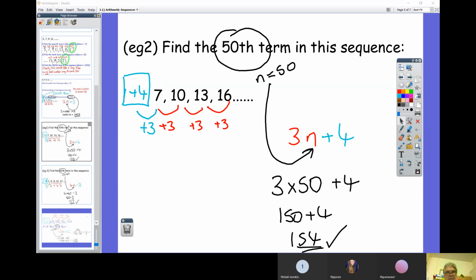Frequency trees, that's the one. Okay, frequency trees, lovely, super. The nth term is the one I've set for today. And then the previous one to that was the two-way tables.